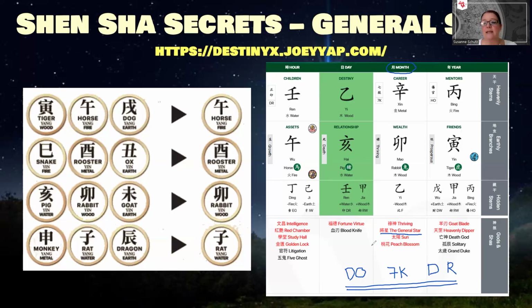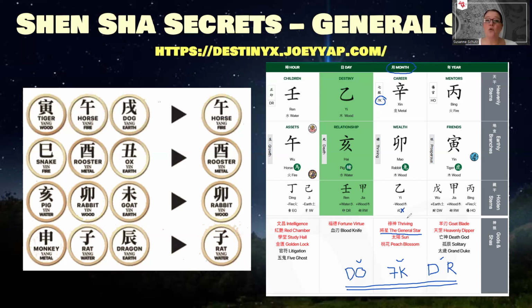That means that you have to have one of these 10 gods in the same pillar. In this case, we have the 7 killings here up top. In the hidden stems, there's only a friend star, so we don't really consider that.